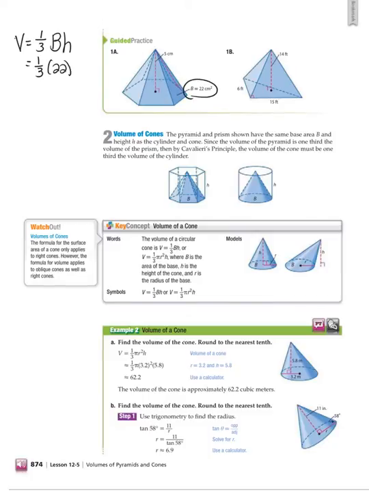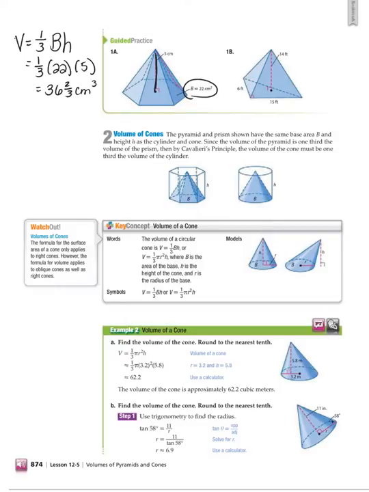And again, the height is the height of the pyramid. So I'm going to multiply 22 times 5, and I'll divide that answer by 3. And I'm going to get 36 2/3 cubic centimeters. So if I have a little sugar cube that's 1 centimeter cubed, it would take me exactly 36 2/3 of those little cubes to fill up that particular pyramid in 1A.